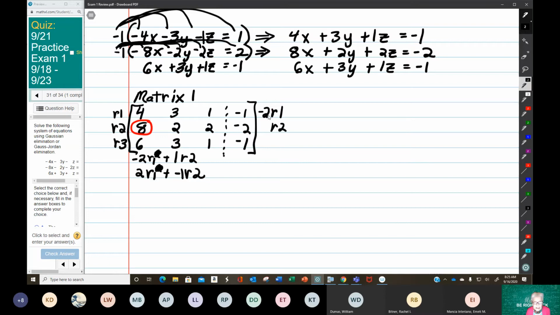It's just the way the program works. Okay, so I'm going to take -2 times 4, that will be -8. -2 times 3 will be -6. -2 times 1 will be -2. And -2 times -1 is +2. Down here, I'm just going to write row 2. That'll be 8, 2, 2, -2.